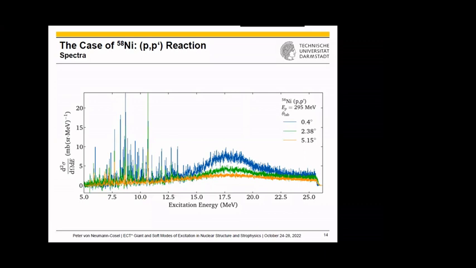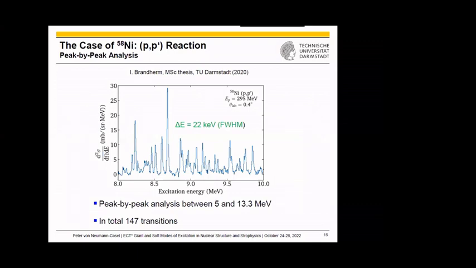The details have been shown by Isabel, and you have this bump, which is the giant dipole resonance. So just let me flash that again. Isabel in her master thesis did an analysis state by state between about 5 and 13.3 MeV. In total, almost 150 transitions were analyzed due to the very good resolution of this experiment.